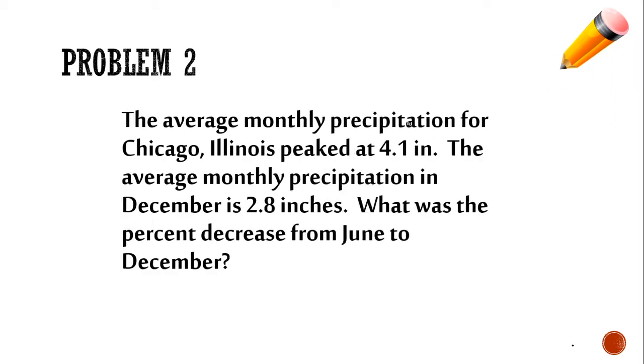Problem 2. The average monthly precipitation, my goodness, for Chicago, Illinois peaked at 4.1 inches. The average monthly precipitation in December is 2.8 inches. What was the percent decrease from June to December? They actually tell me this is a decrease, so I need to do original minus my new.